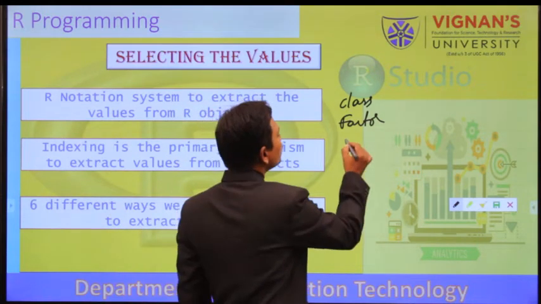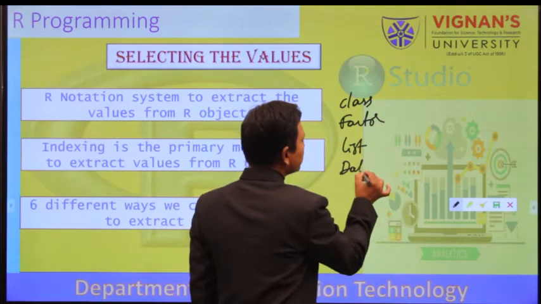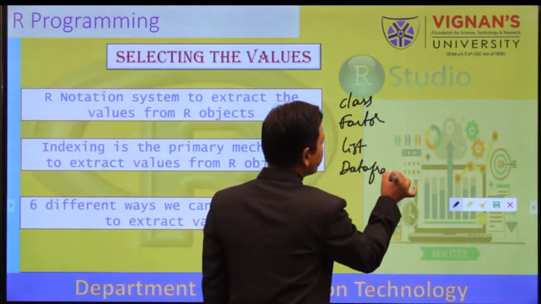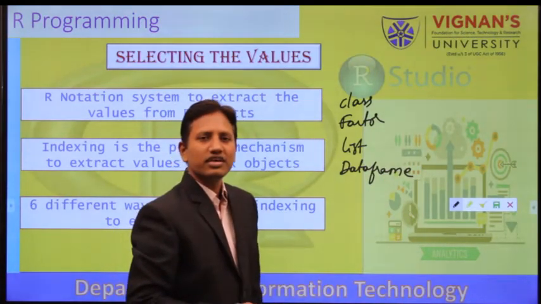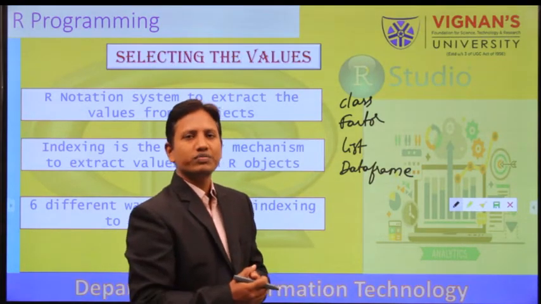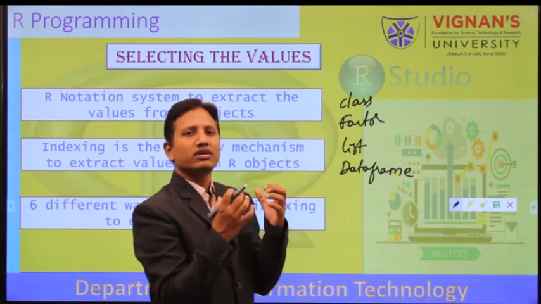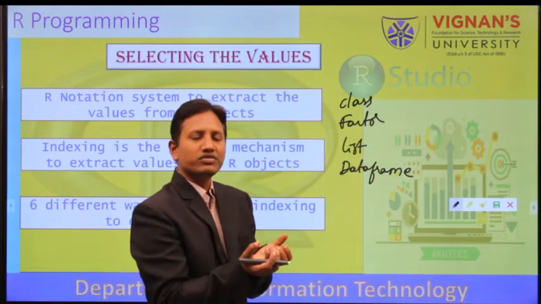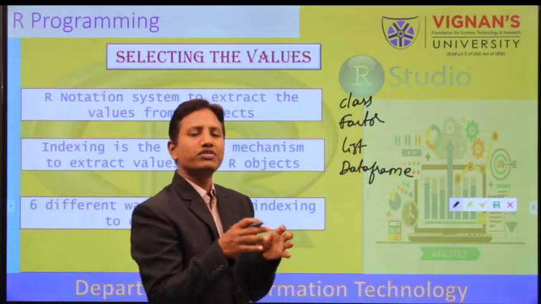Later we have learned two important structures. One is list, another one is data frame. A list is a container of different R objects, meaning a list can hold vectors, data frames, matrices, arrays, and lists themselves.